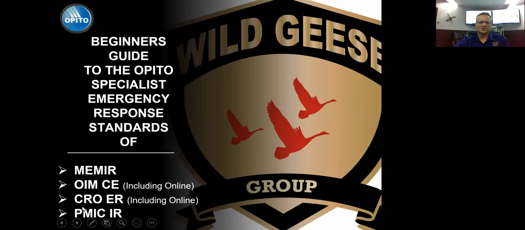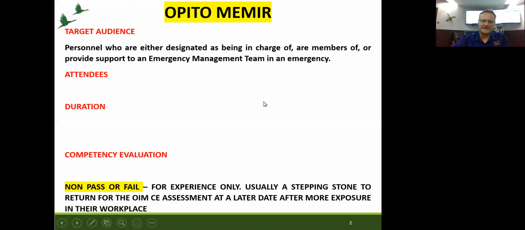And also I wanted to include the PMI-CIR, which is Plant Manager and Incident Commander Initial Response, which is one of those specialist emergency response roles as well, albeit not one that I think any of the CLSs have undertaken.